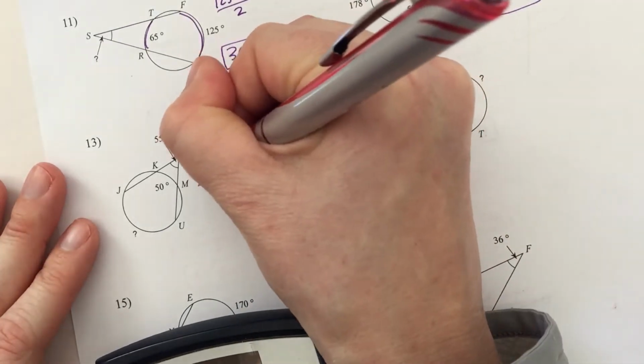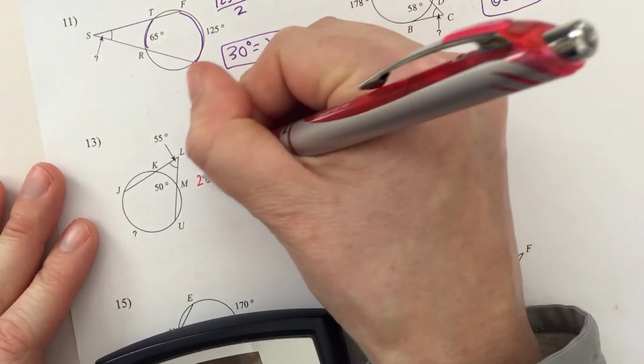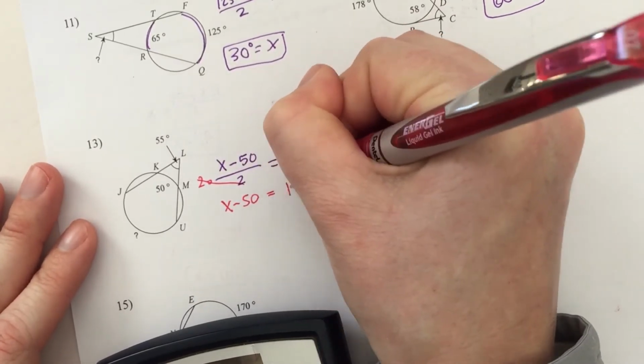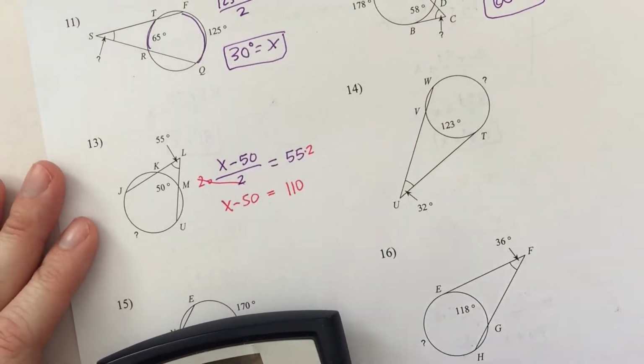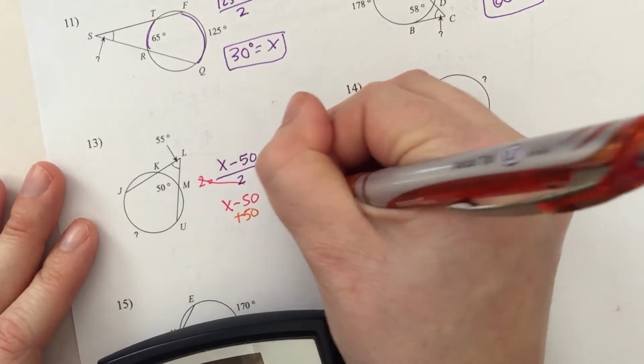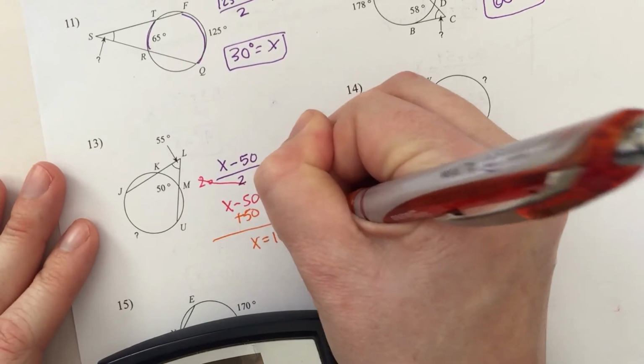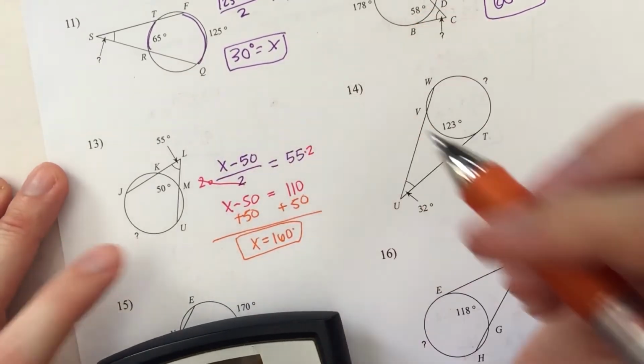Solve it by timesing by 2. X minus 50 equals 110. Add the 50 over. X is equal to 160 for that big arc.